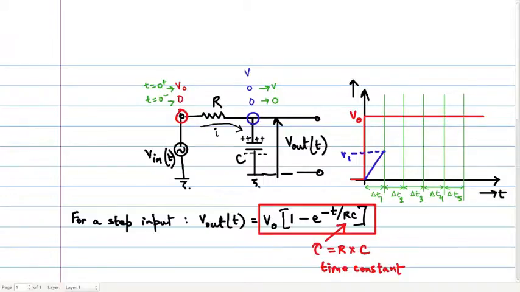Updating these values on the circuit diagram, the potential difference across the resistor has taken on a new value. So at the end of time slice delta T1, the potential difference across the resistor is V0 minus V1, as opposed to V0, which was what we had at time t equal to 0 plus.